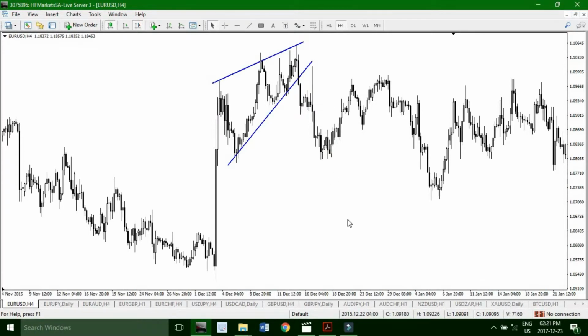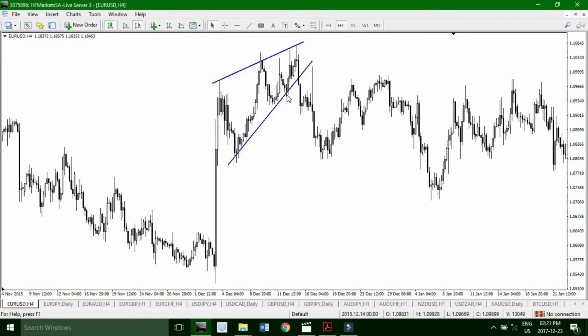As I said in the ebook, for rising wedges the breakout will always be on the support trend line. I forgot to mention, we are analyzing the EUR/USD H4 chart pattern, which started around the 3rd of December till a breakout around the 14th.